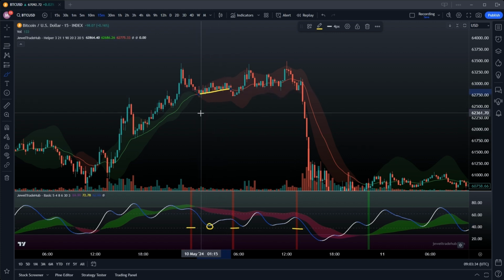And as long as the candles are closing, on a closing basis, very important, not on a wick basis, on a closing basis, over my 21 EMA, I consider my long to be in a safe spot. Again, for the sake of the video, I'm just making it simpler.